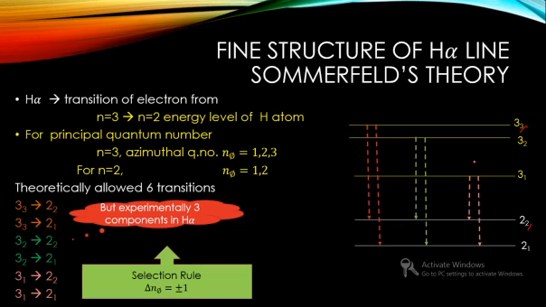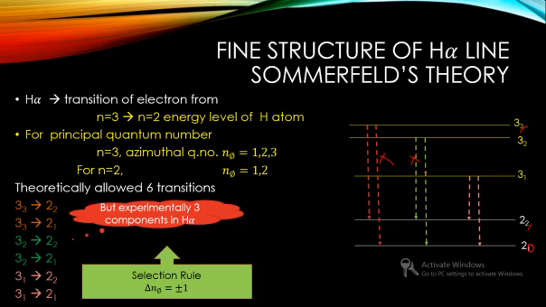The next possibility is 3,3 to 2,1. Is it possible? No, because you have 3 and 1, so the change will be 2, and that is not allowed. The next one is 3,2 to 2,2, which has the same value of n_phi, so the variation will be 0, and that is not allowed.